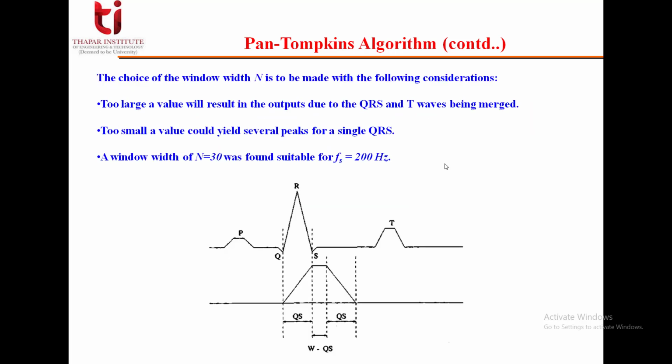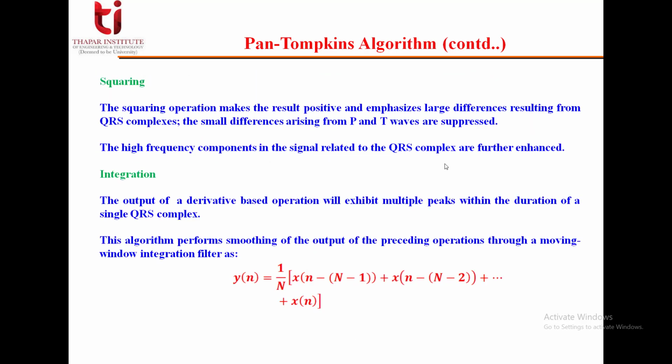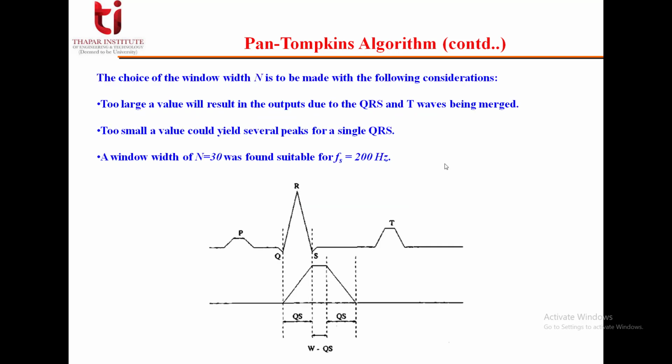And the choice of the window, capital N, we have to choose keeping in mind many things. First, we can't choose too large a value, because if we choose a large value, the output due to the QRS and T waves will merge into each other.